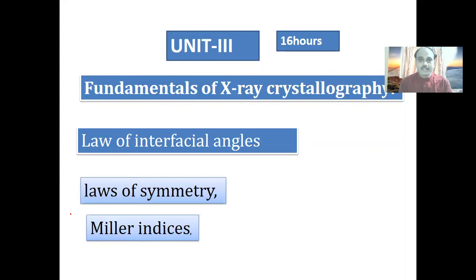As you know, a crystal is a perfect solid where the atoms are arranged in a repetitive and regular manner in a three-dimensional way. Such type of solids are called crystals.